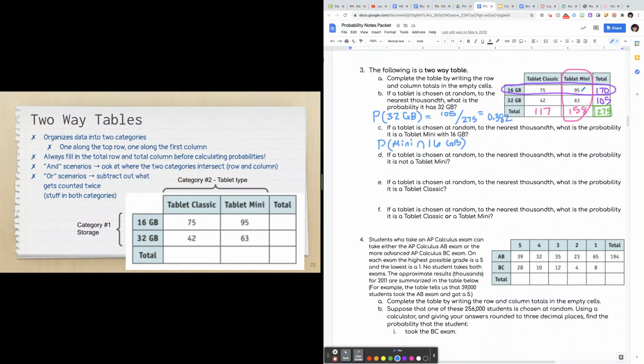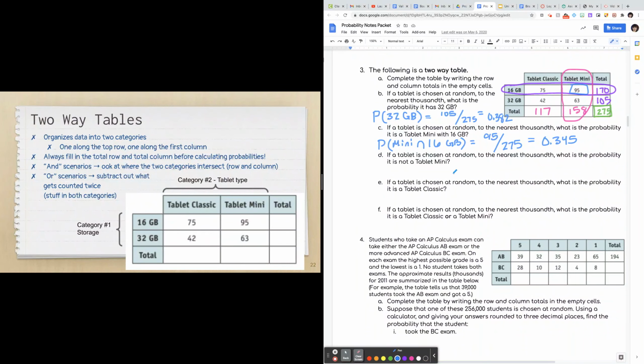So where the two categories intersect is right here. That's the numerator of your fraction. So it would be 95 divided by the total, which is 275. Once I get there, I'm just going to plug that into my calculator, and I get 0.345.